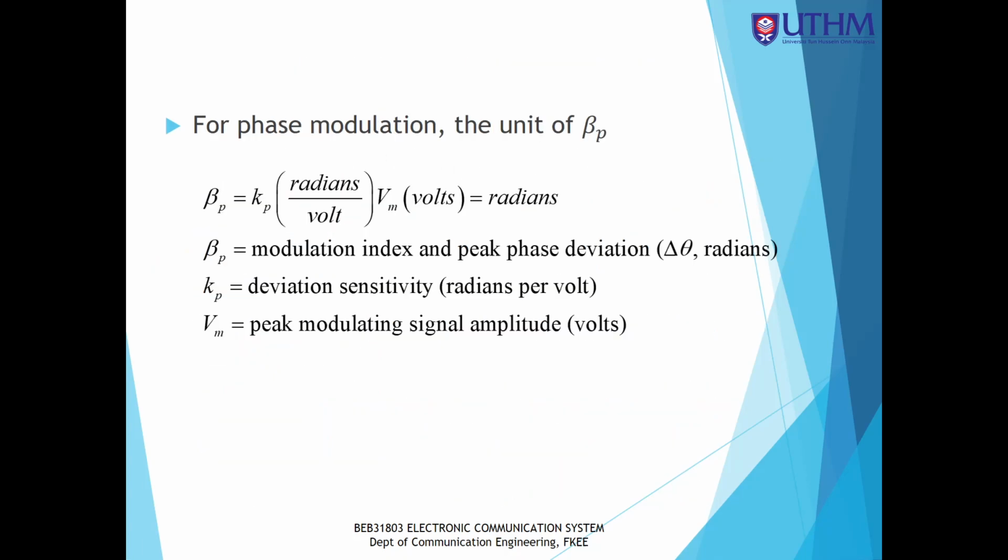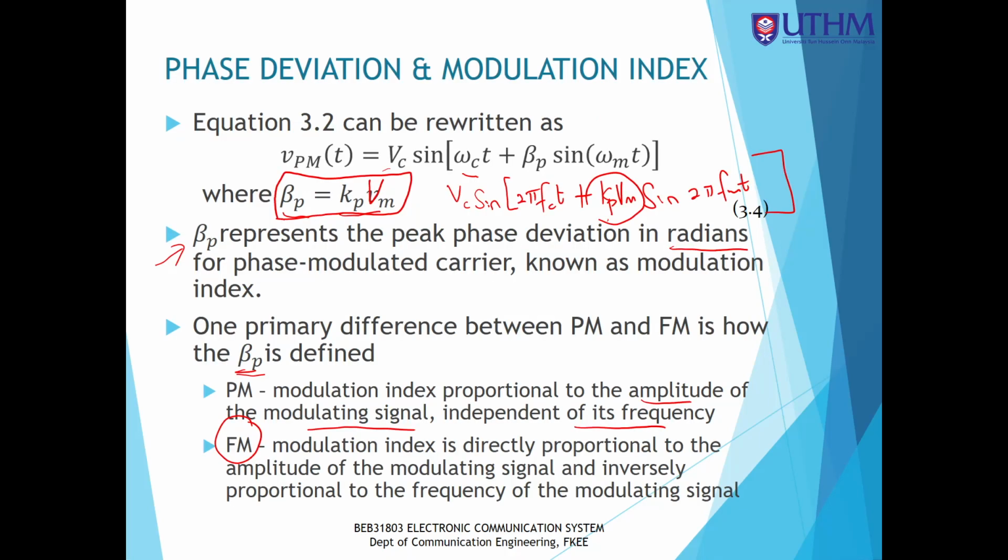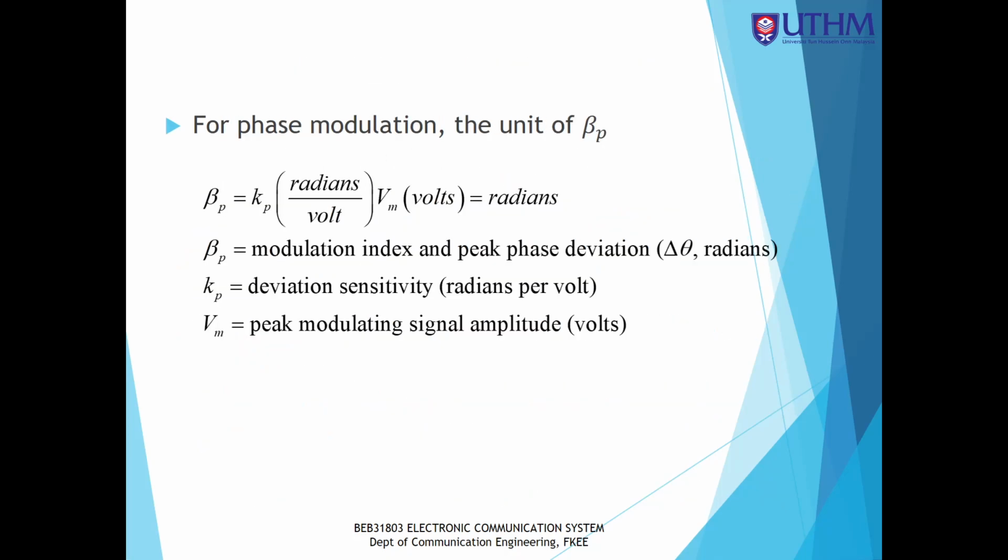For FM we call it beta F, and for PM we call it beta P. So beta P is equal to Kp multiplied with Vm.